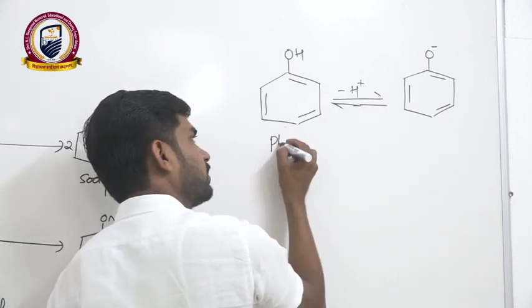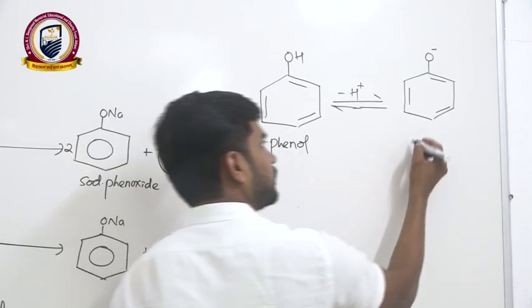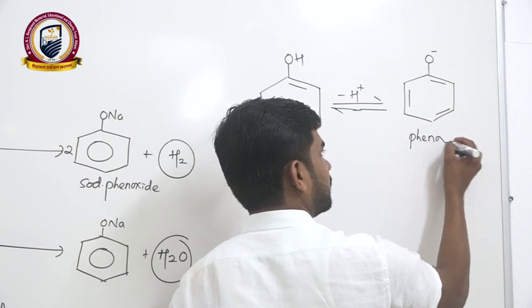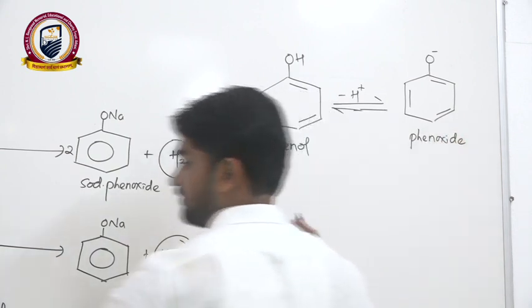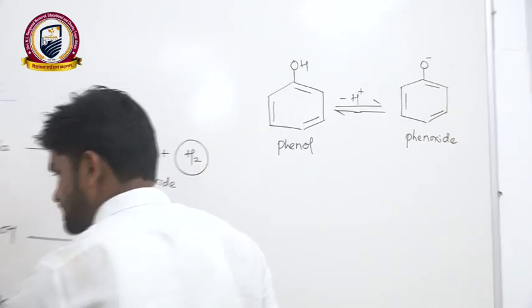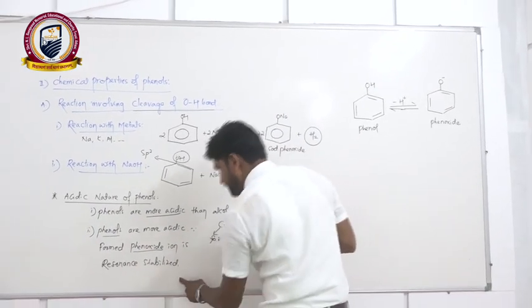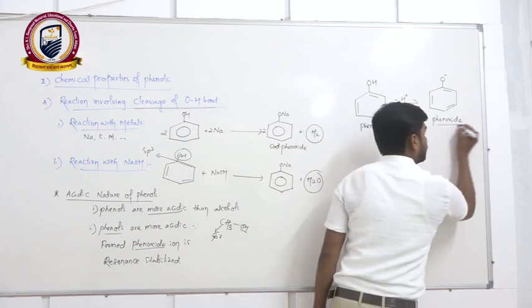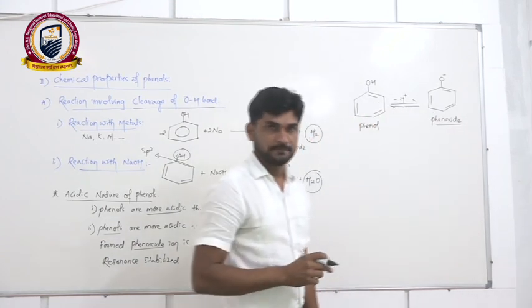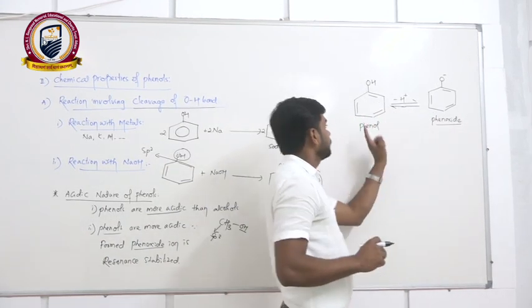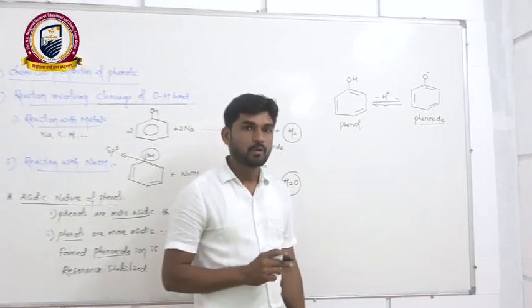This is called phenol, and this is called phenoxide. As I told you, phenols are more acidic because the formed phenoxide ion is resonance stabilized, which means the formed phenoxide ion is more stable. If it is more stable, we can call phenols more acidic.